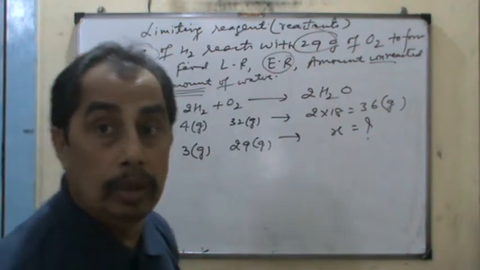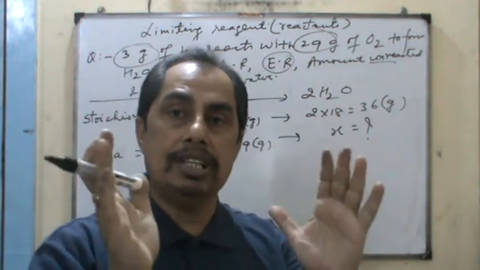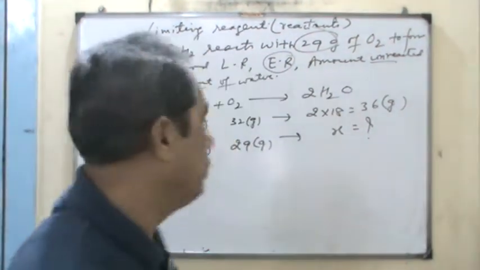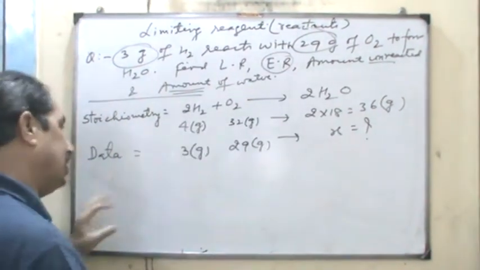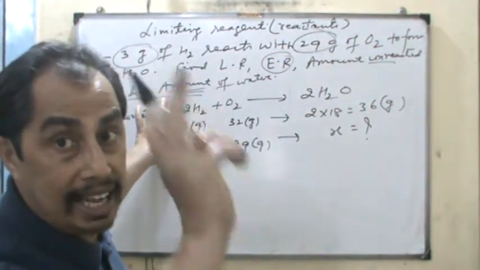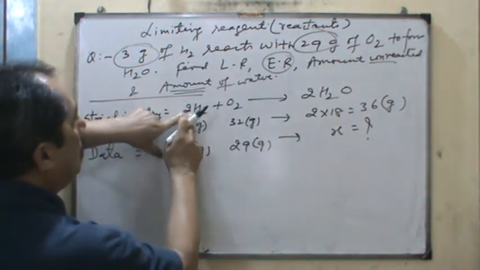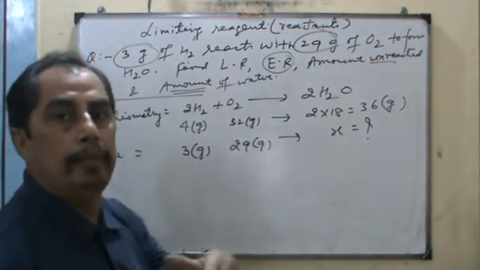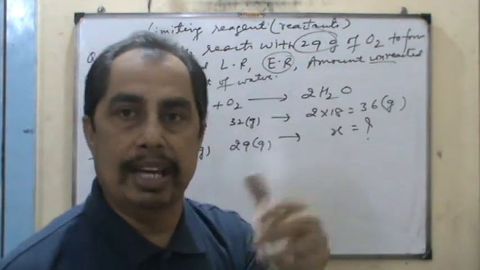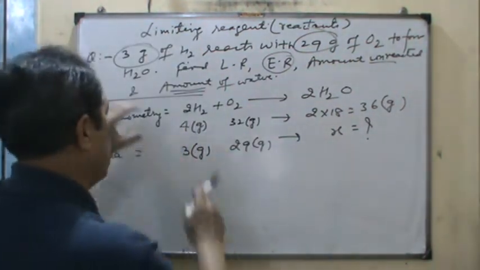We don't know the amount of water, but it is decided by the limiting reagent. Dear students, first you frame the equation; either you proceed with H2 or with oxygen, the limiting reagent will remain the same. Apply and get the same answer.